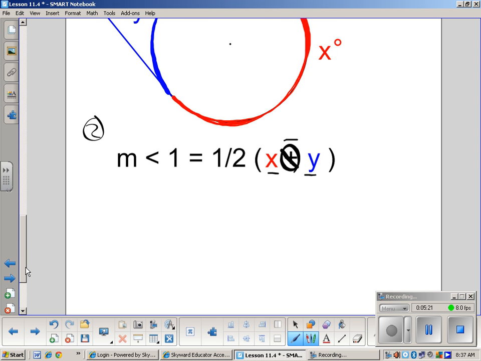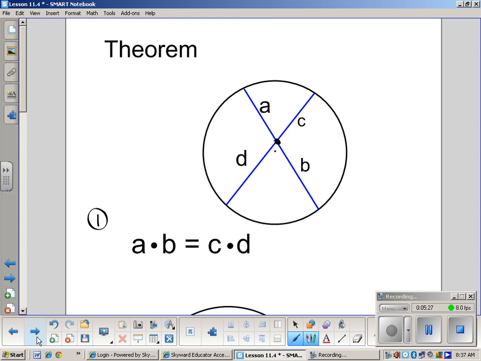Okay, any questions on this page? All right, moving on then. Now we're going to talk about the segments created inside. Okay, the segments created inside are actually proportional. I'll pause this so you can copy this down.